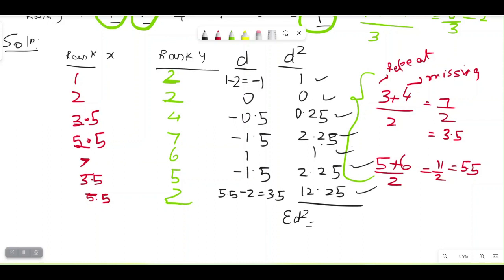So it should come to 1, 1.25, 3.5, 4.5, and then 12.5, 14.5, so it should be 19.